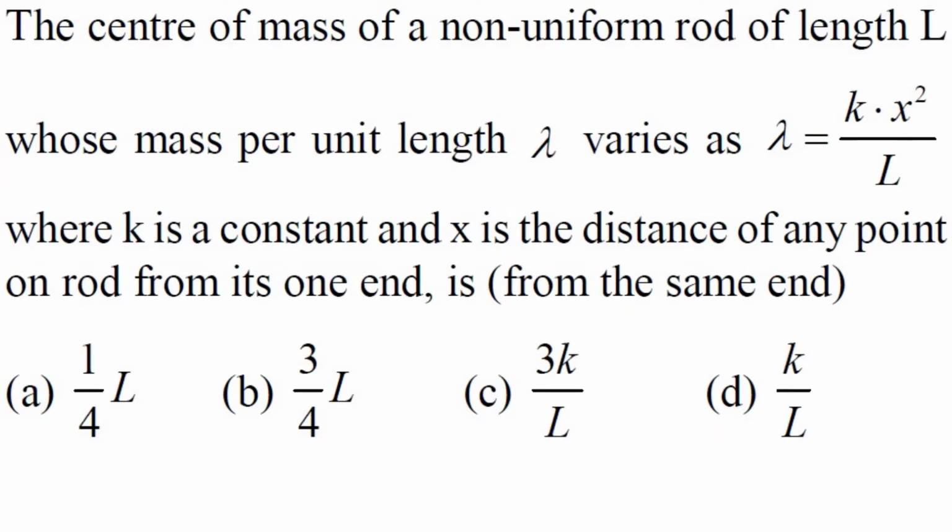The center of mass of a non-uniform rod of length capital L, whose mass per unit length lambda varies as lambda is equal to k into x square by L, where k is a constant and x is the distance of any point on the rod from its one end, is from the same end.